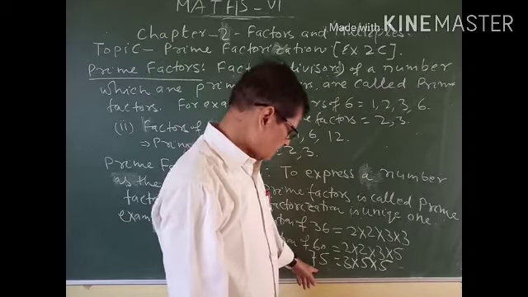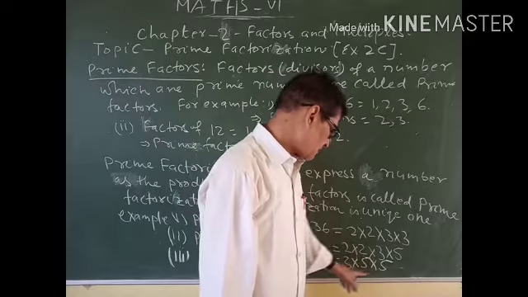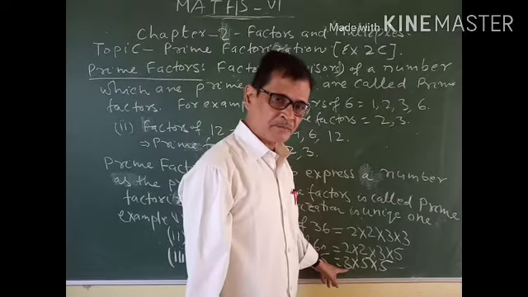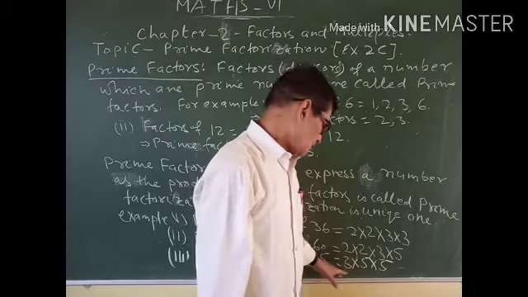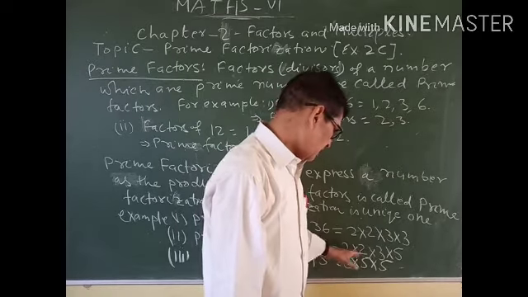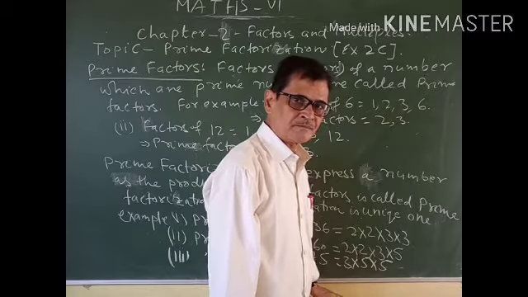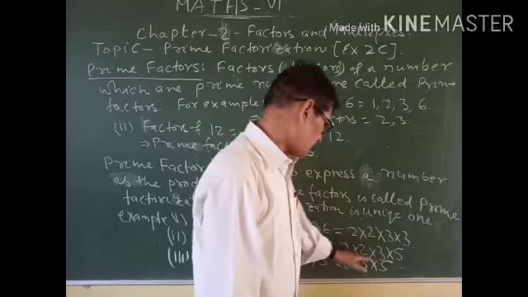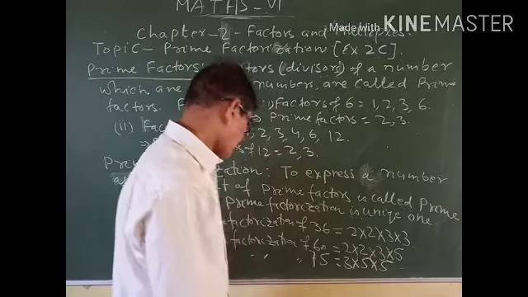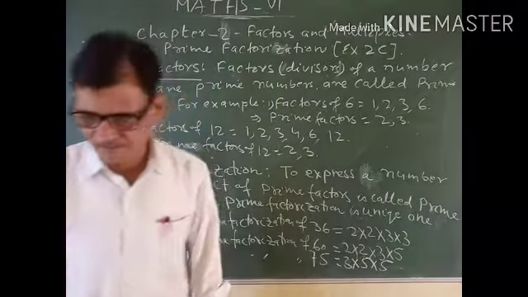Now study the properties of these numbers. 3 is a prime factor, 5 is also a prime factor. So here all the prime factors are involved. So this expression represents the prime factorization of 75.